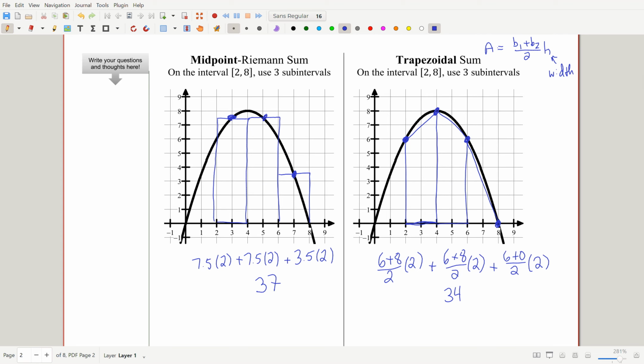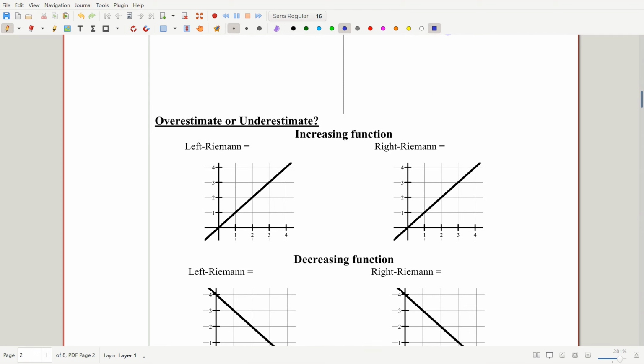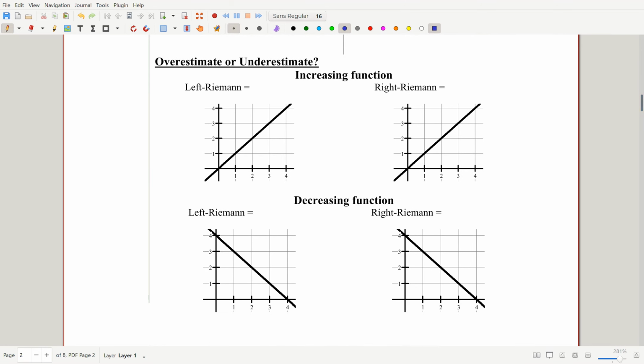Okay. All right. So let's talk a little bit more about the overestimate versus underestimate thing. This is sort of 50-50 here. They want you to remember some things, but then some of it you can just draw a little sketch to figure it out.